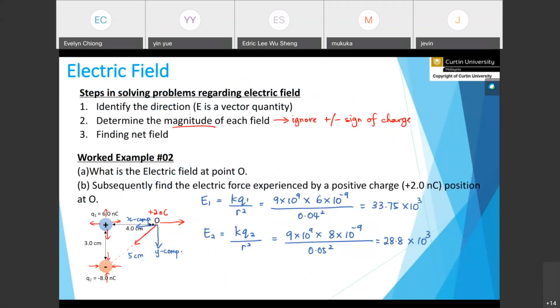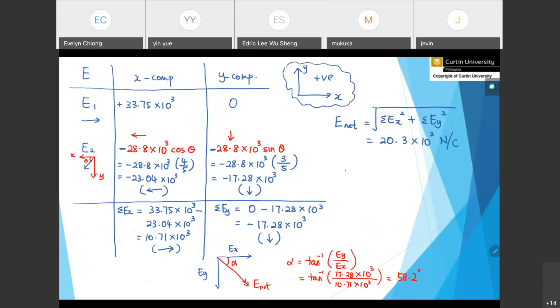Still remember, the electric field is E equals F divided by Q. So here we need to calculate the F. We want to determine the electric force, so electric force equals QE. The charge is what, 2 nano, right?